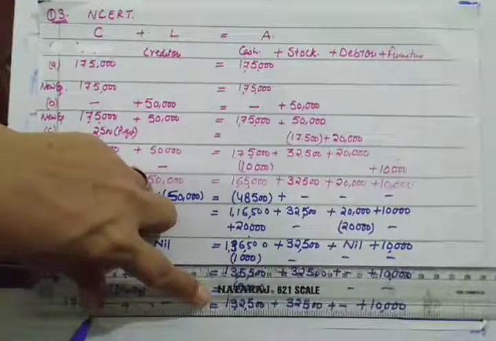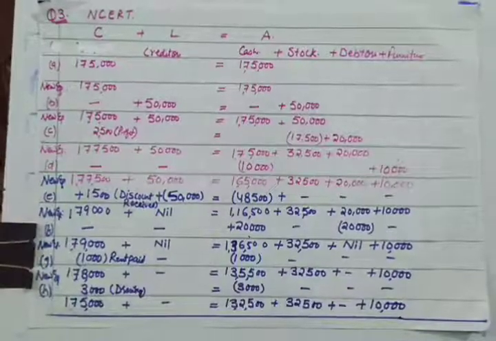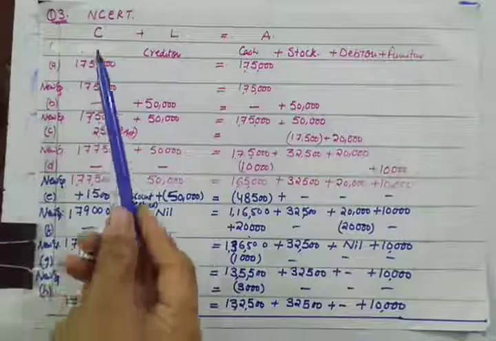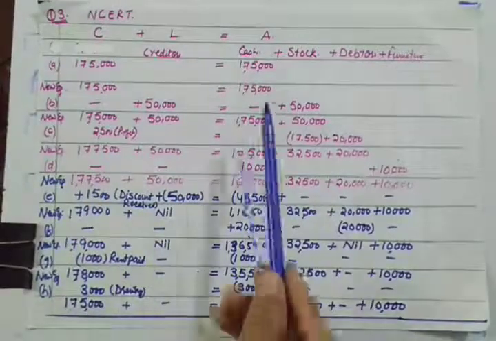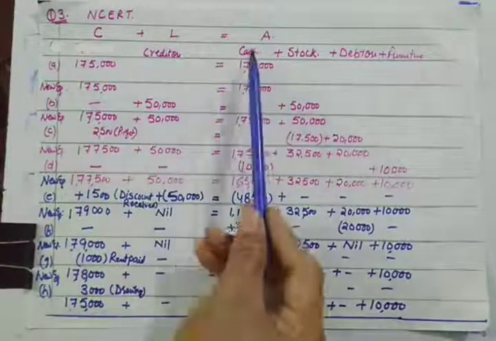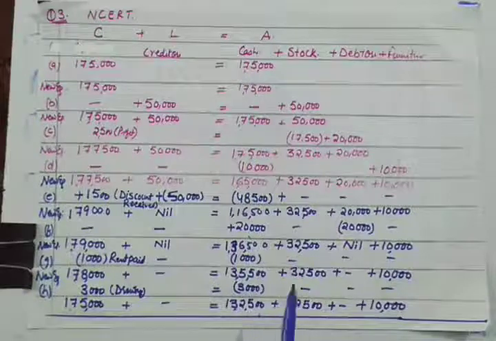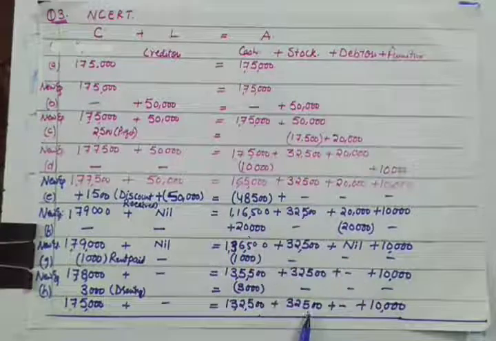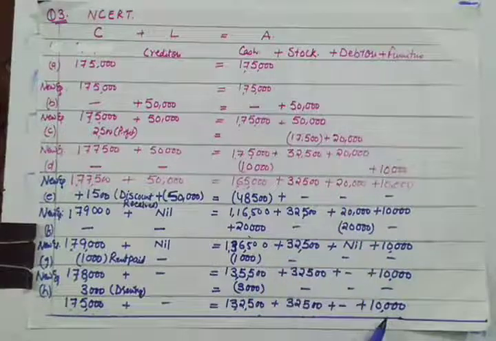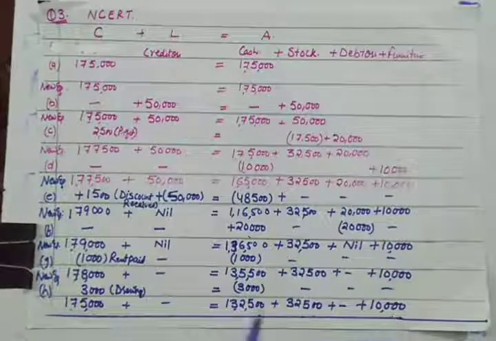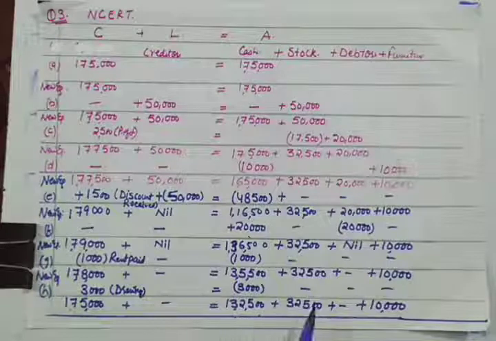And suppose you are required to conclude your answer, so this is the final answer. You can write down: in this case, capital is 1,75,000, no creditors, cash 1,32,500, stock final balance 32,500, no debtors, furniture rupees 10,000. And let us see whether left hand side is equal to right hand side or not.